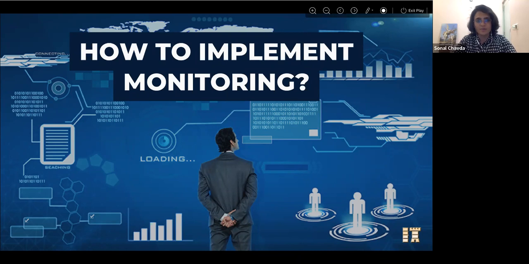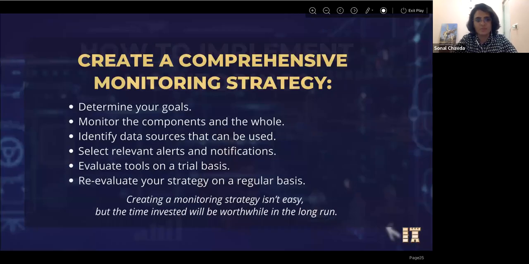After understanding what components are to be monitored, the next question is how to implement monitoring. You want to monitor these different areas of your infrastructure, of your computer systems.